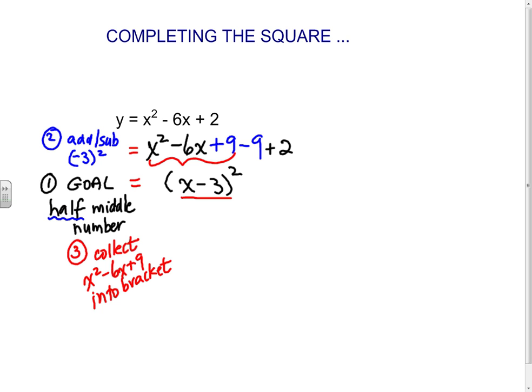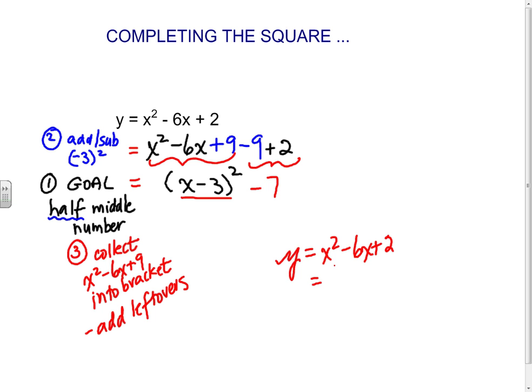And then I add the leftovers. Those, minus 7. I have completed the square. Y equals x squared minus 6x plus 2 is equal to x minus 3 squared minus 7.